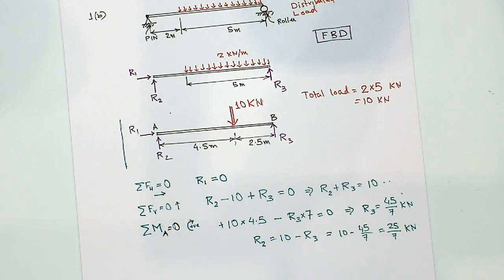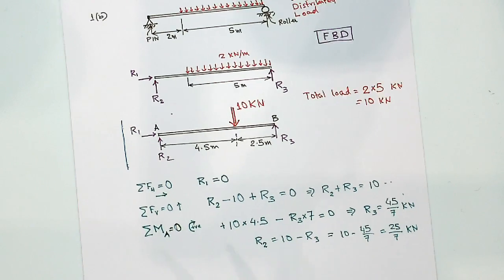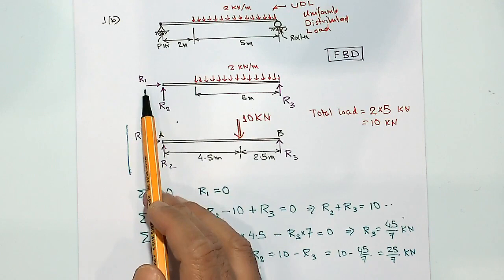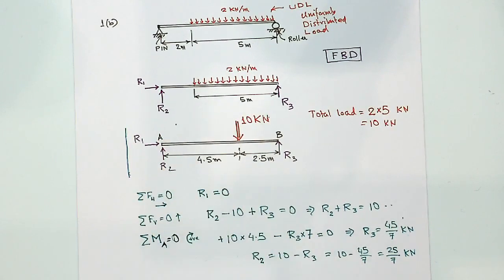So the horizontal reaction force R1 is 0, R2 is 25 over 7 and R3 equal to 45 over 7. Now do have a quick sense check. So R1 is 0, yes, there is no horizontal force acting, so R1 is 0, that's right. R2 is lower than R3, does it make sense?